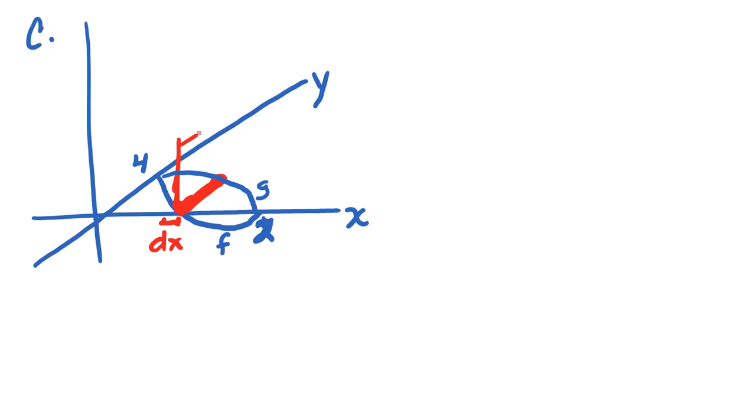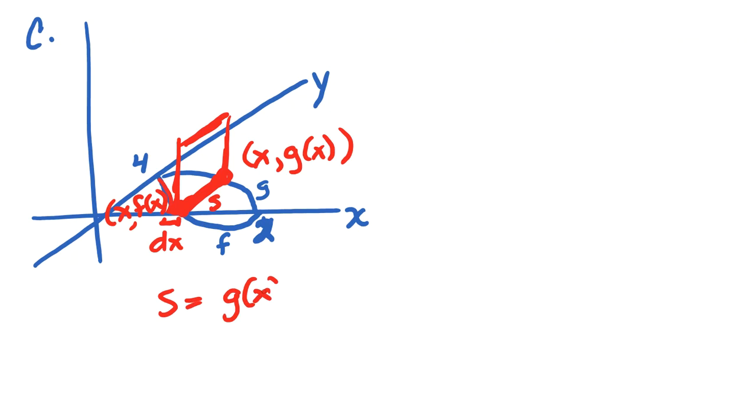And then on top of that, we are building squares. So remember what we knew. This point was our x comma g of x. And this point was on the f curve. So the side of the square there was the distance from the y-coordinates, g of x minus f of x. And of course the height would be the same thing.